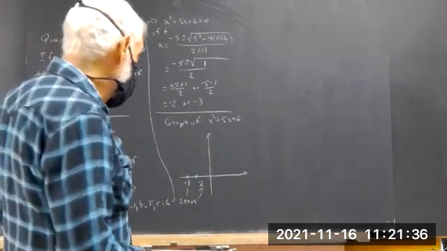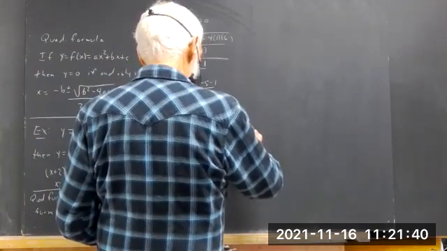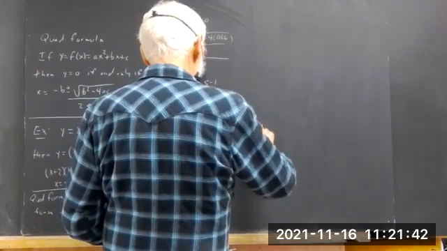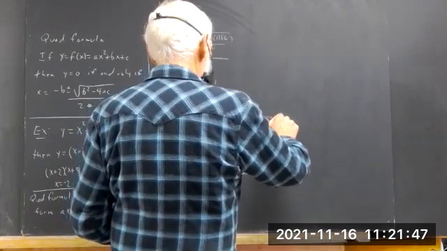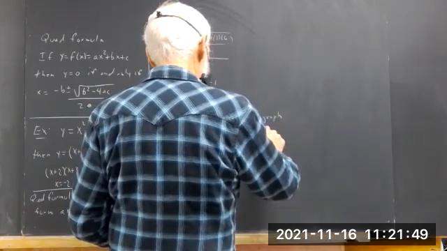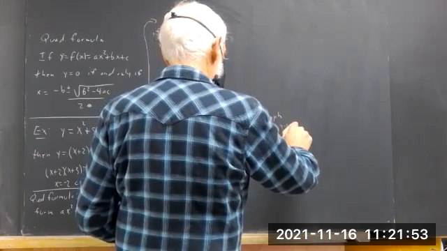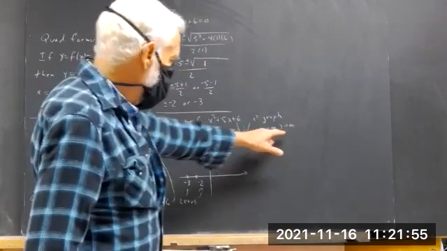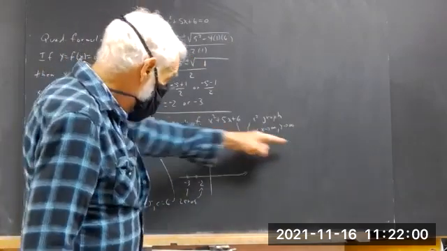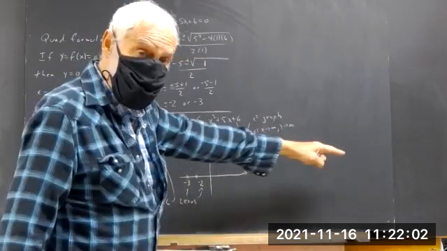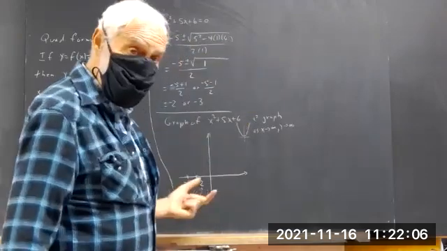X squared has a graph that looks like this. As x goes to infinity, y goes to infinity. Okay? X goes to infinity if you go this way. Y goes to infinity if you go this way. This thing keeps getting steeper and steeper.